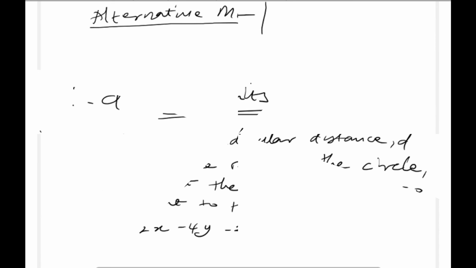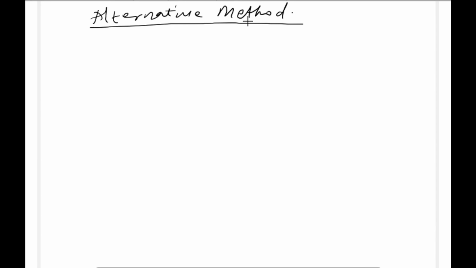In the second method, we are just going to use a substitution method to solve the two equations, the equation of the line and the circle, to obtain the values of x. If we get repeated values of x, then we conclude that the line is a tangent to the circle.